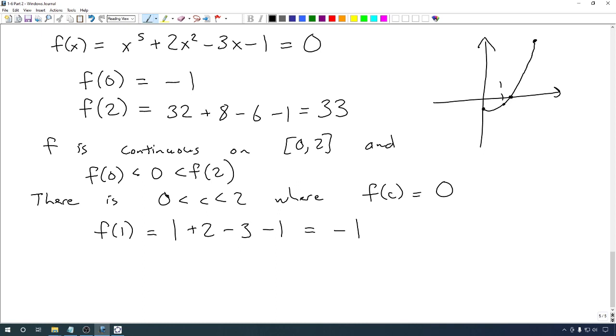And if we want to zero in on one of the roots, maybe we pick, say, 1.5 and see whether that's a positive number or a negative number. If it's positive, then the root would have to be narrowed down to between 1 and 1.5, because we have a negative at 1 and a positive at 1.5.